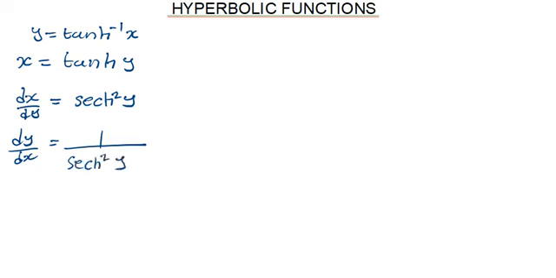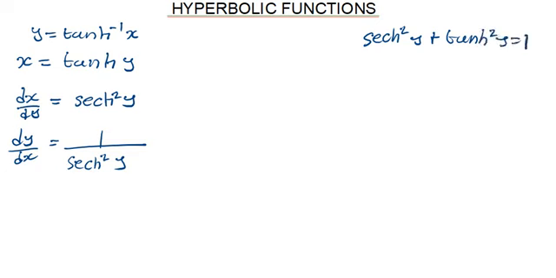And from the identities, we understood that hyperbolic secant squared of x, but in this case I'll use y, plus hyperbolic tan squared of y is equal to 1.